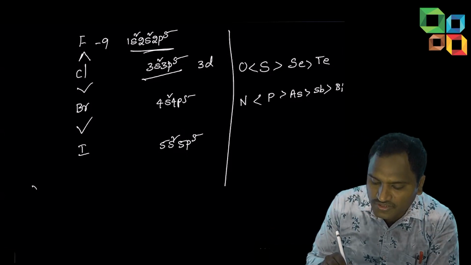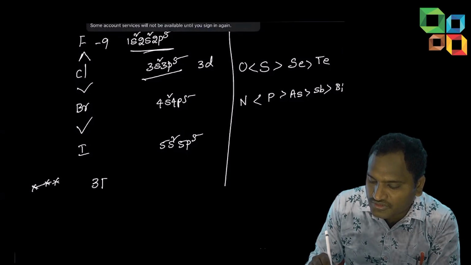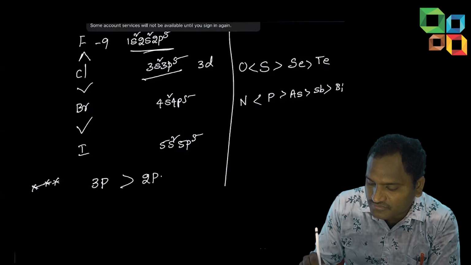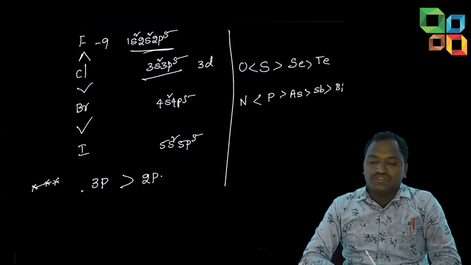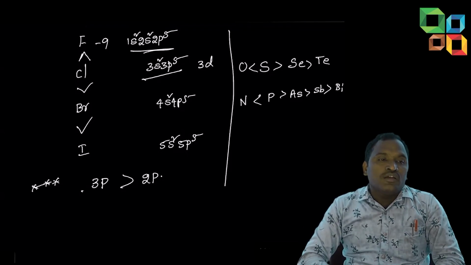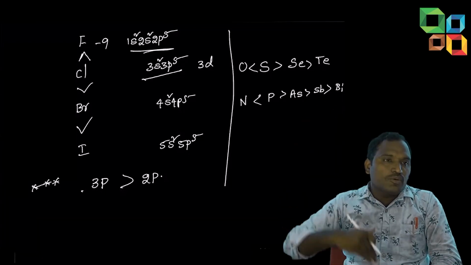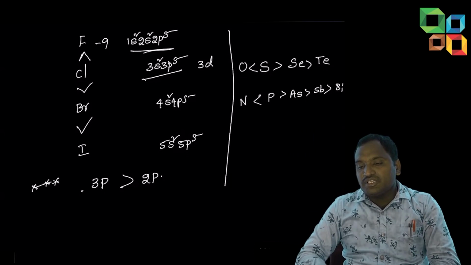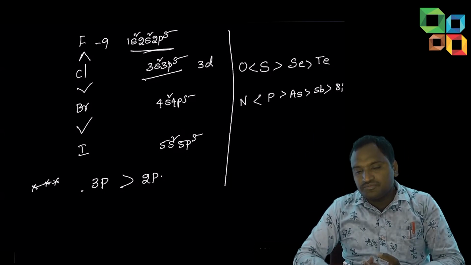So the conclusion, what I want to write: elements which have 3p orbitals rather than 2p. In the p block especially, we can observe that 3p orbital elements have more electron affinity than 2p. Afterwards, the order will be regular. From top to bottom, electron affinity decreases.